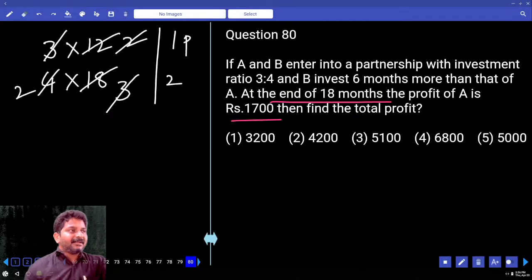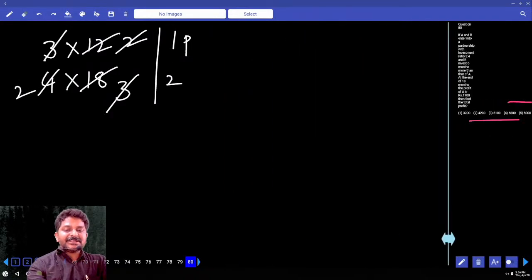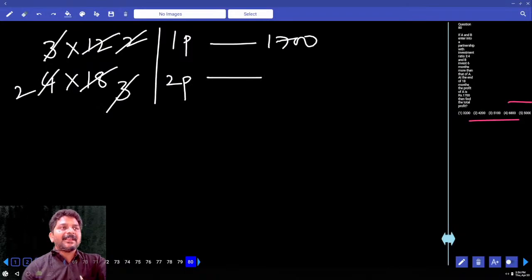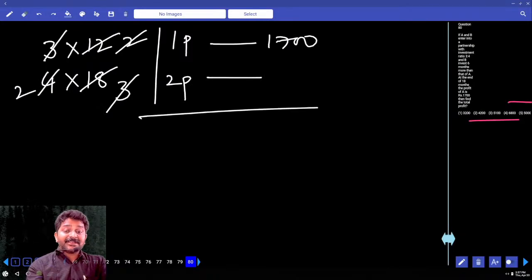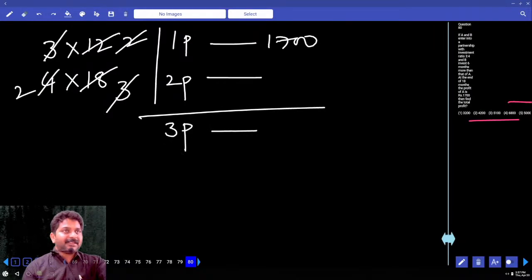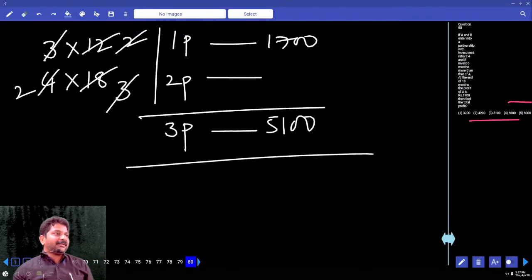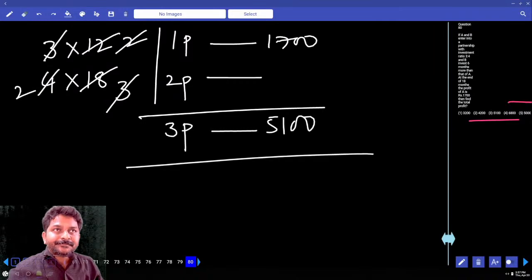Now you are given A is getting 1700. That means 1 part is equal to 1700. If the question is about B's profit, we will calculate the value of 2 parts. But the question is about total profit, that is 3 parts only. 3 times 1700, 5100. Over? Done everybody?